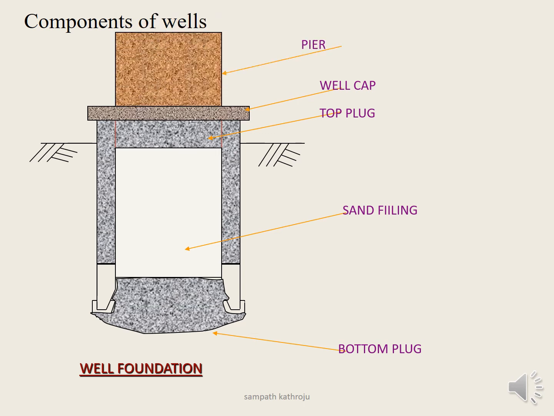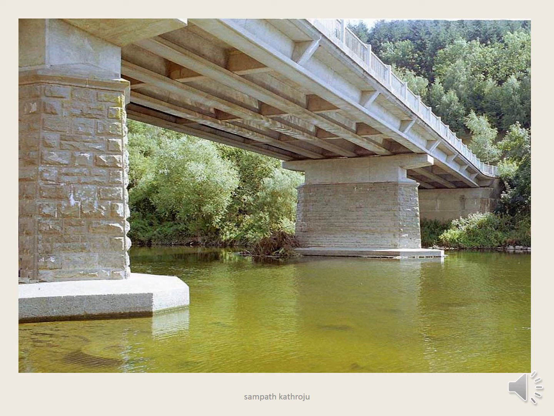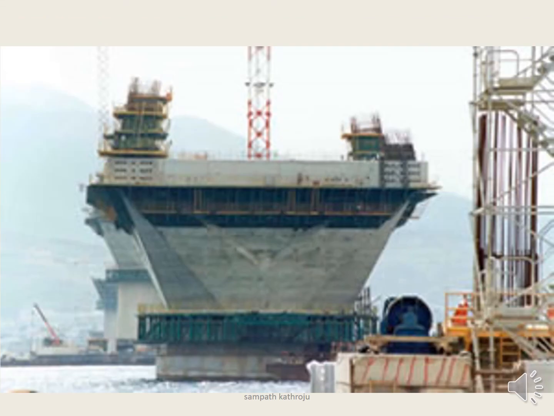Then comes the pier. These are the components in sequence. So this is your well foundation, below this level bottom slab. You can see above which the pier is constructed, and above the pier this bridge is resting on a girder. You can see here is also the construction process.